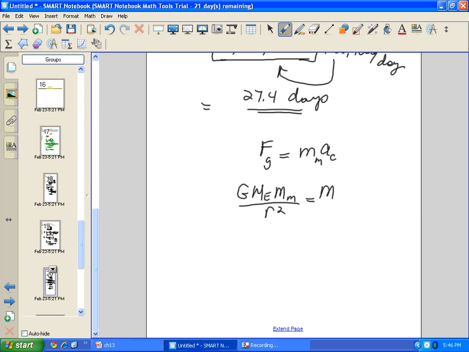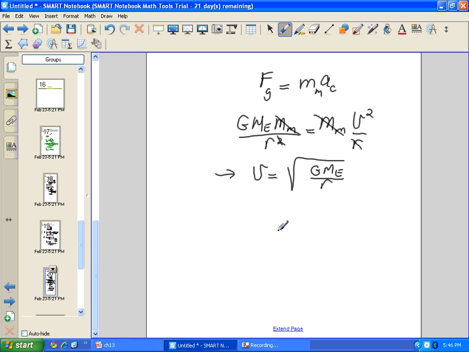If we now rewrite mass of moon times v squared over R for a sub c, notice that the mass of the moon cancels. This radius cancels one of those, and that gives us v equals the square root of G, mass of the Earth, divided by R.